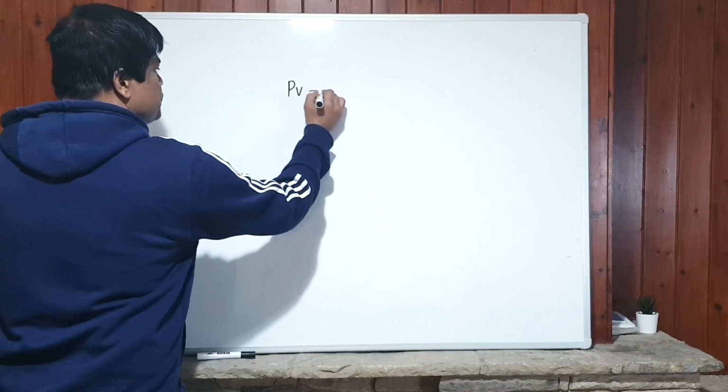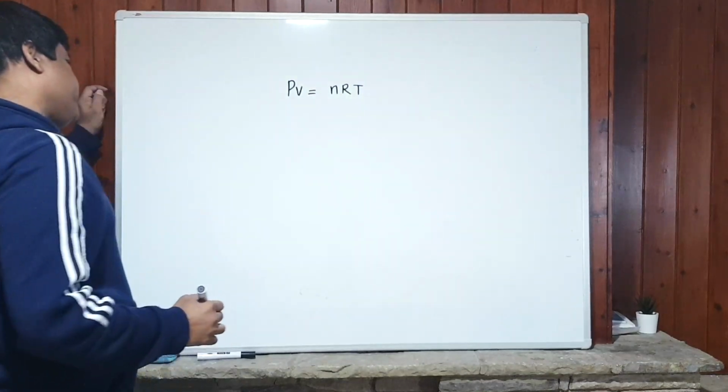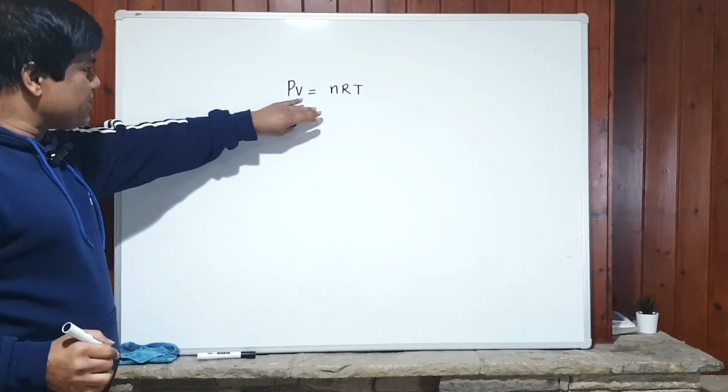PV equals nRT, which is the ideal gas equation.